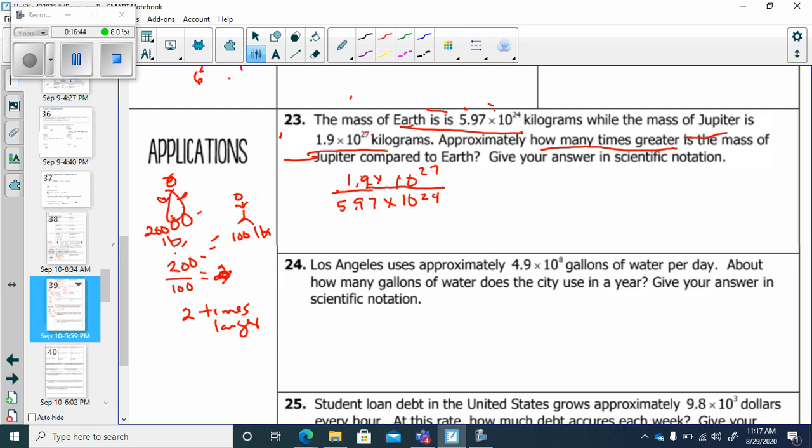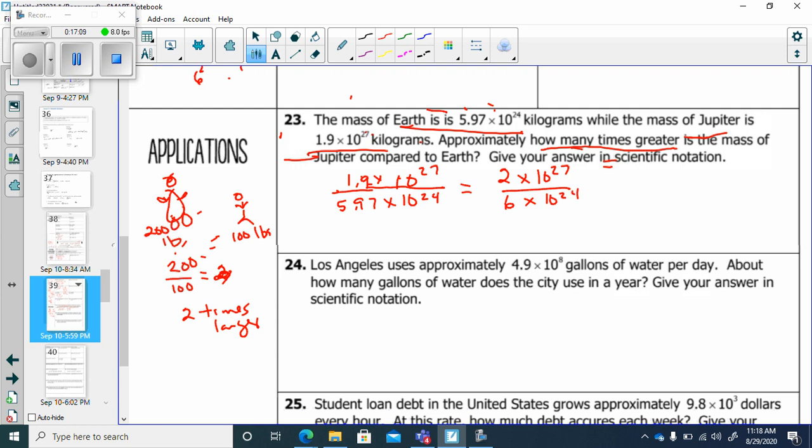Now, in this one, they're just wanting an approximate, so we are going to round some numbers here. 1.9 is about 2. 2 times 10 to the 27th. Divide that by, and 5.97 is about 6, okay? So we're going to say 6 times 10 to the 24th.